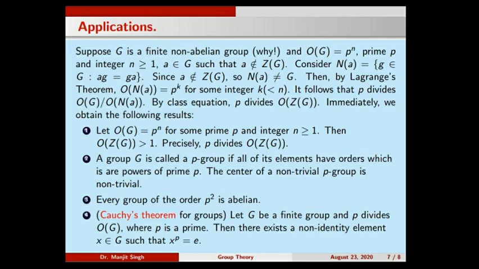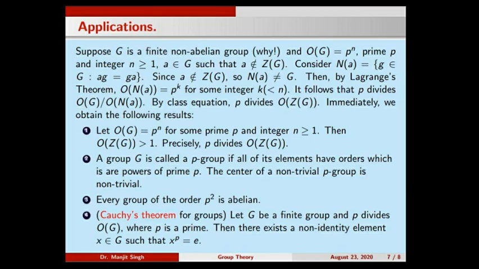Now using this result we can prove that every group of order p squared is abelian.